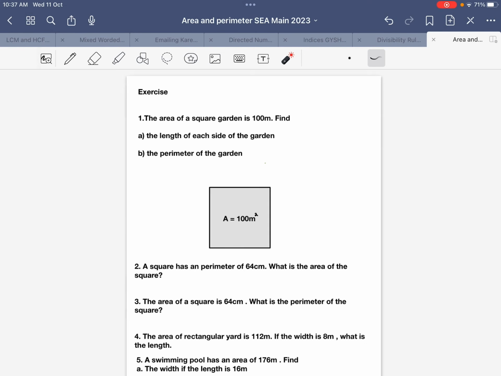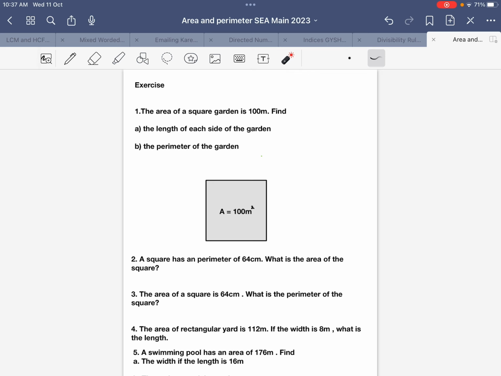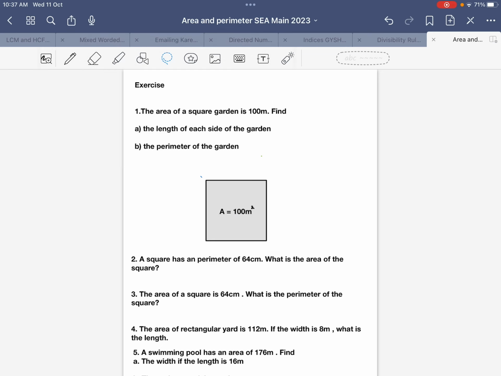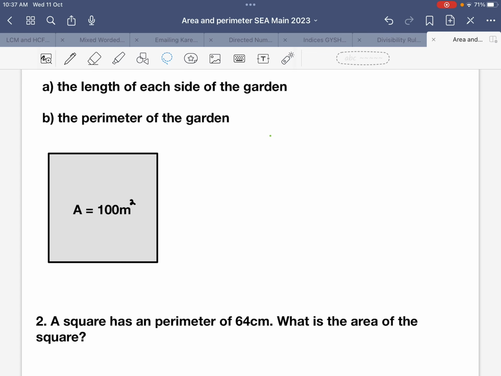So again, remember, you can try these questions before I attempt them. So let's go through number 1. Let me just shift this shape to the side so we can have some space here.